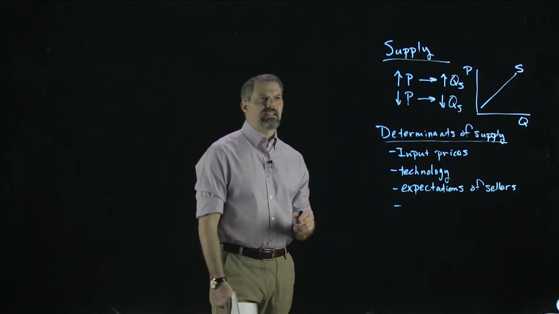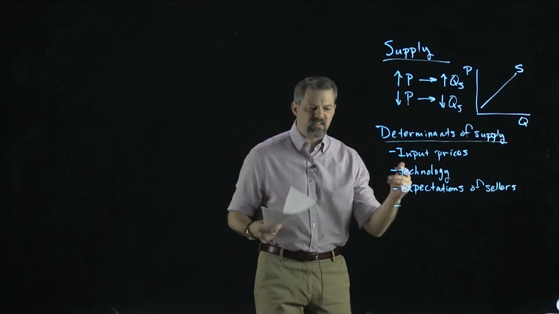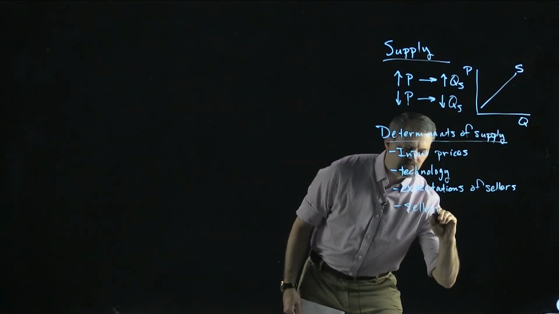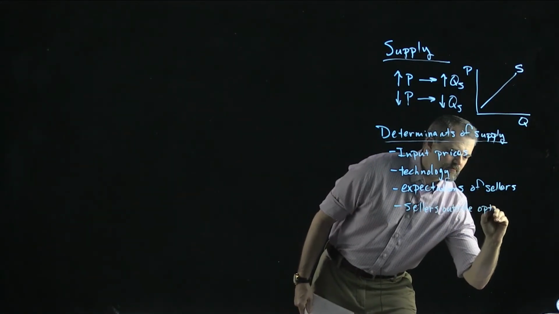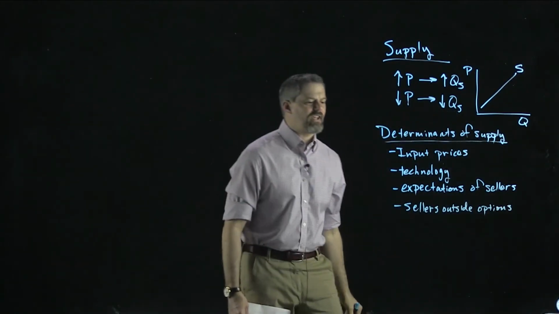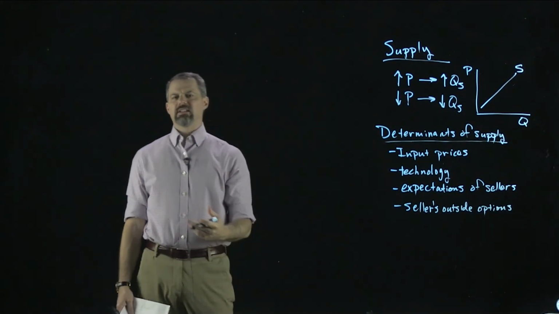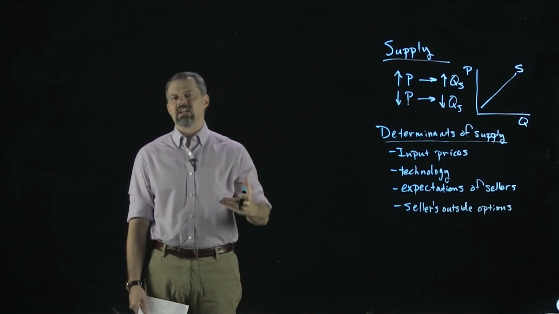A fourth thing that we can think about is what some textbooks call the seller's outside options. This just simply means the other things the seller can do, the other things the seller can sell.